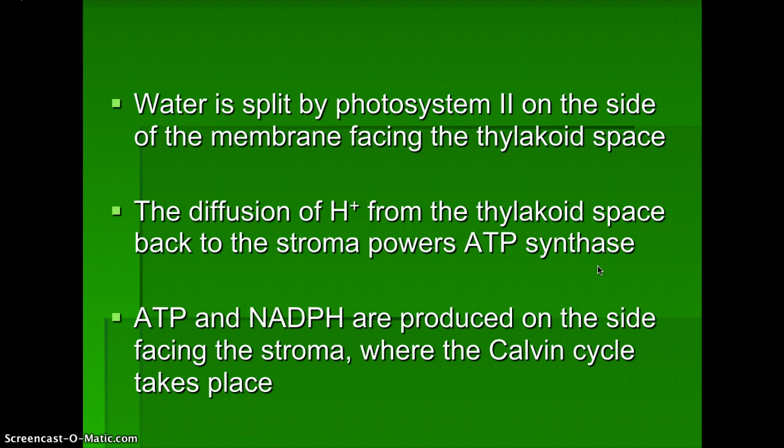So in photosystem 2, water is split on the side of the membrane facing the thylakoid space, and when water is split, you get the diffusion of hydrogen ions from the thylakoid space back to the stroma, which is going to be used to power ATP synthase, which is an enzyme used to make ATP. And then you have ATP and NADPH that are going to be produced on the side facing the stroma, where the Calvin cycle takes place, because you want that production of those molecules to be there, because they are both going to be used in the carbon fixation reaction, or the Calvin cycle.